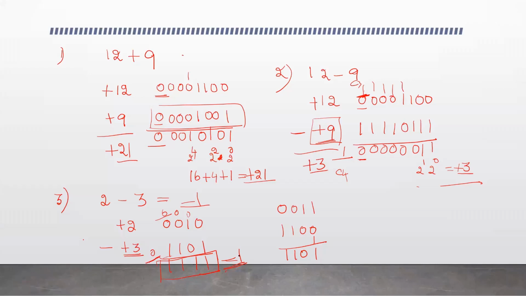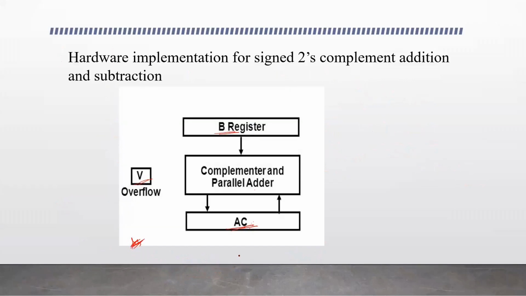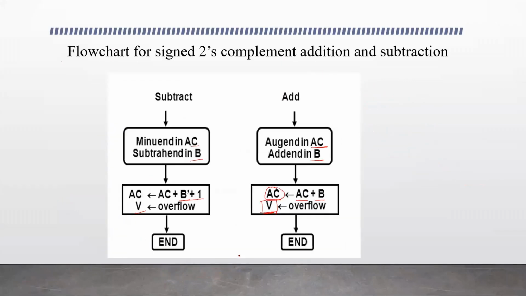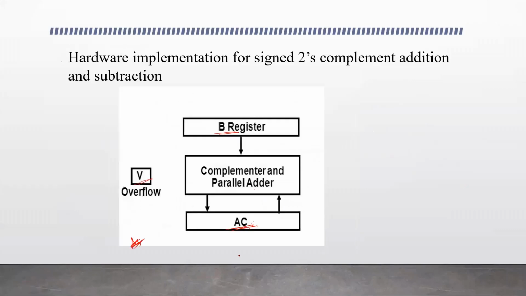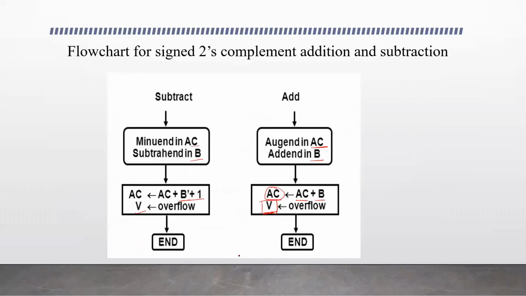This is how addition and subtraction on 2's complement data is performed. Any doubt in this? We have seen the hardware implementation and the flow chart.